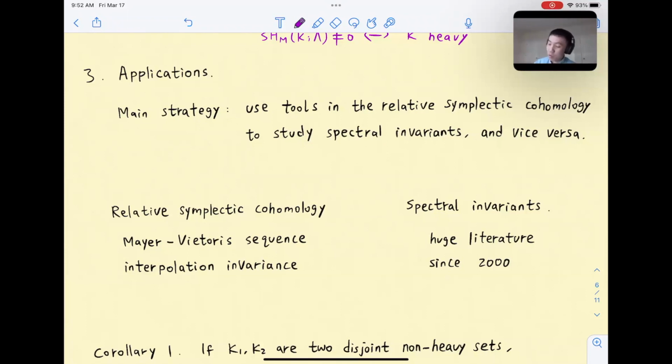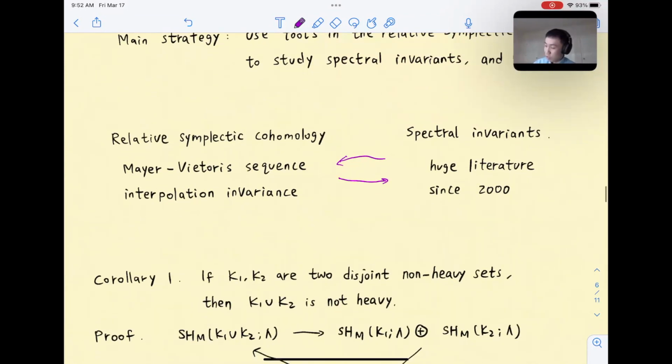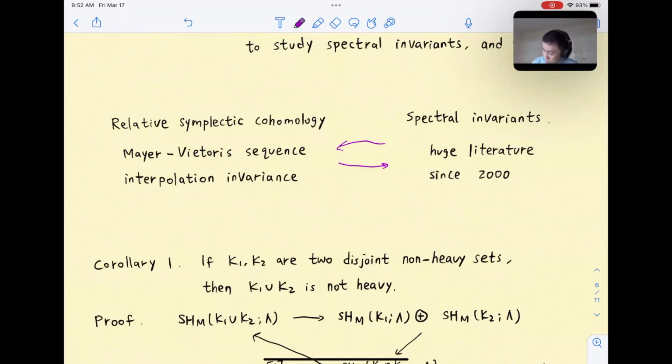So the rough idea is to use the tools on each side to study the other side. I will present some sample examples or corollaries in the following, and we expect there should be more once this is better understood.